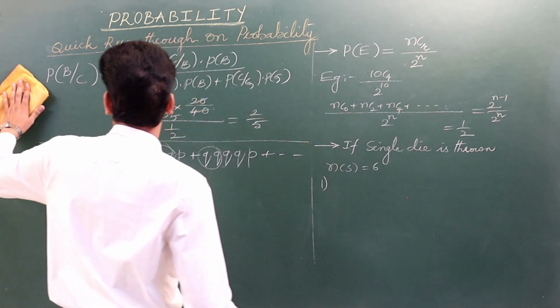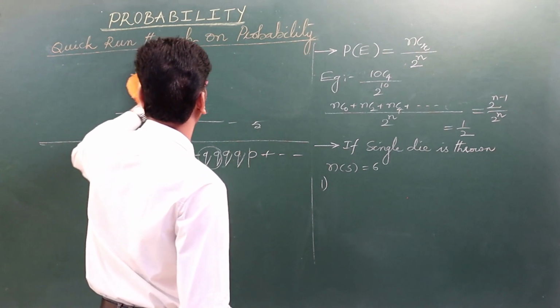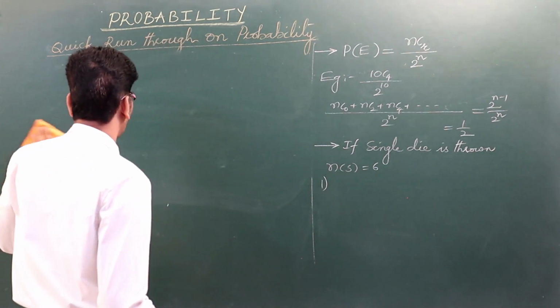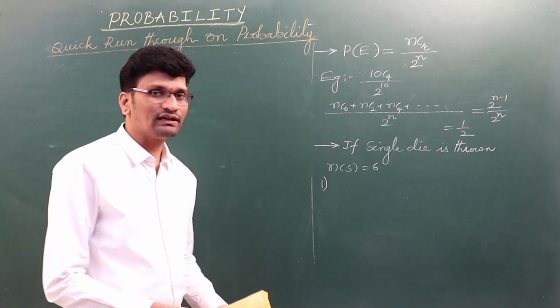Now, if 2 dice are rolled, then the sample space contains ordered pairs. Why? When 2 dice are rolled, the upward faces are 2. In those 2 upward faces, what are the numbers? We cannot say.